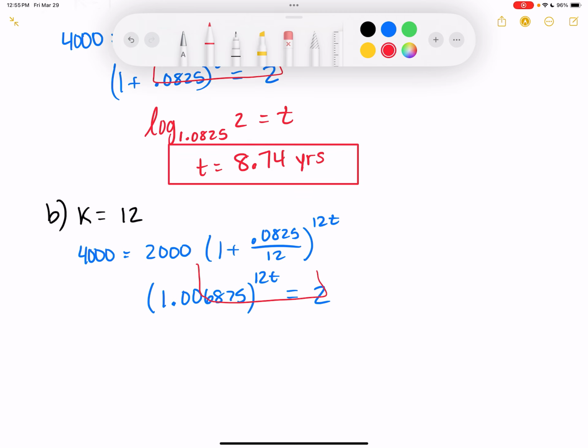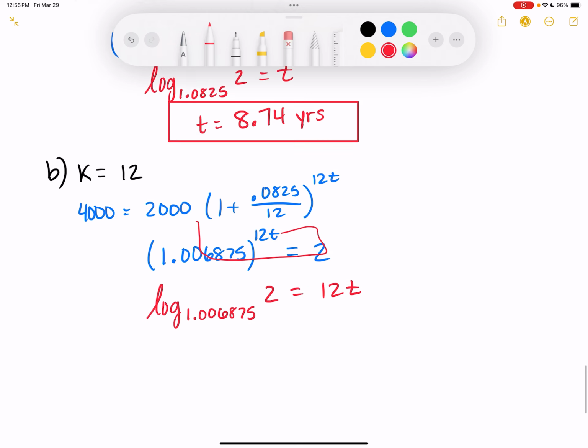Use the log. If you've already found this number and you don't want to type in the super long number again, if you hit second and then the negative sign, that's answer, it'll pull that answer in for you, so you don't have to retype it.